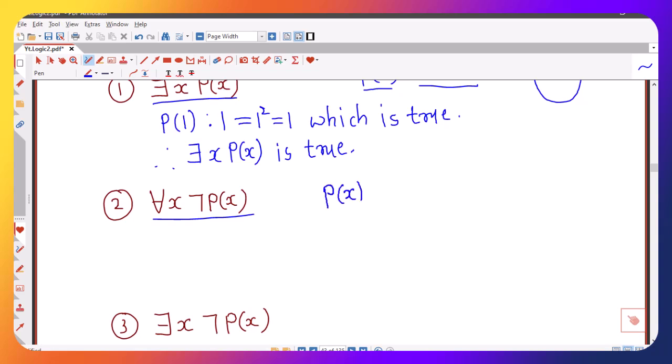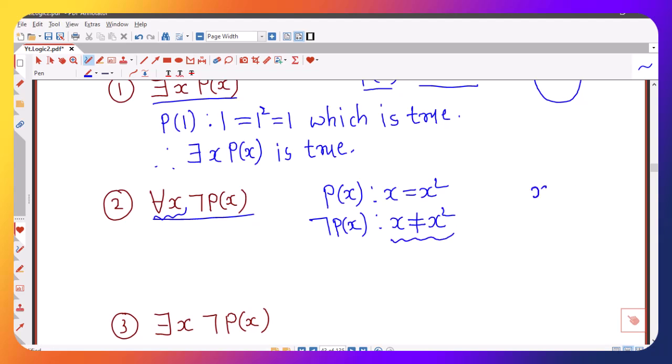Second one uses universal quantification of negation of p(x). Our p(x) is x equal to x square. So if we take negation of p(x), then that is going to be x is not equal to x square. So here we have used universal quantification. So this means for every x, negation of p(x) is true, and negation of p(x) is x is not equal to x square.